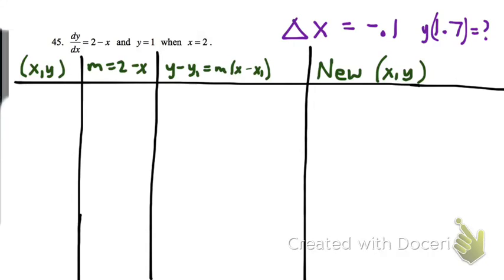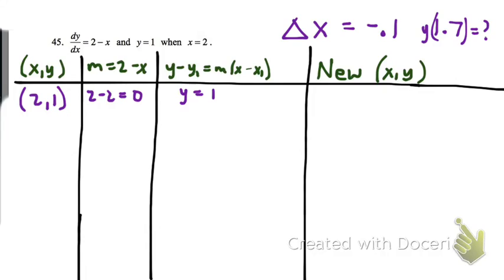So we have the current x and y coordinates: 2, 1. And the slope again depends on x, so the slope is 2 minus 2, just the way number 41 started out. If 2 minus 2 is 0, then we have y equals 1 as our current equation, because the slope is 0 and the y value is 1.